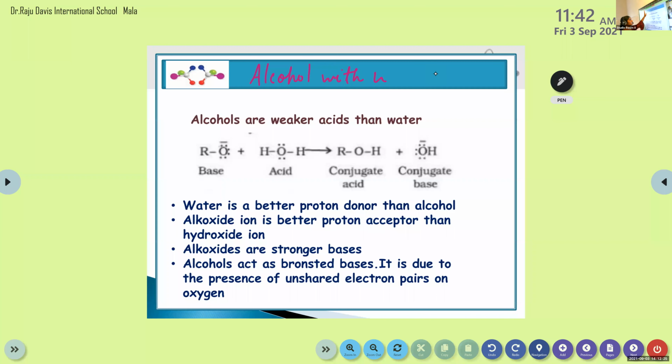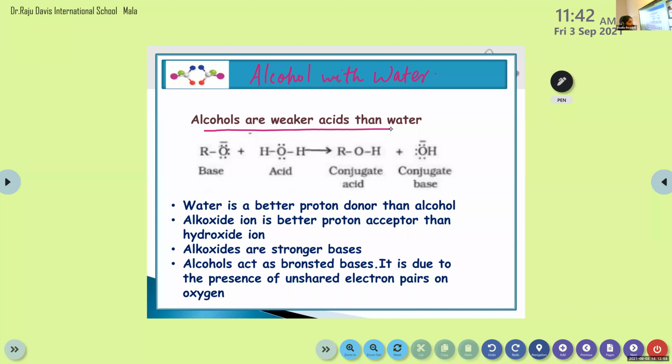But when we are comparing the acidity of alcohol with water, alcohols are weaker acids than water. They act as Bronsted acids because they will donate H plus ions, but when they are reacting with water, they act as weaker acids than water. That means they will act as a base here.